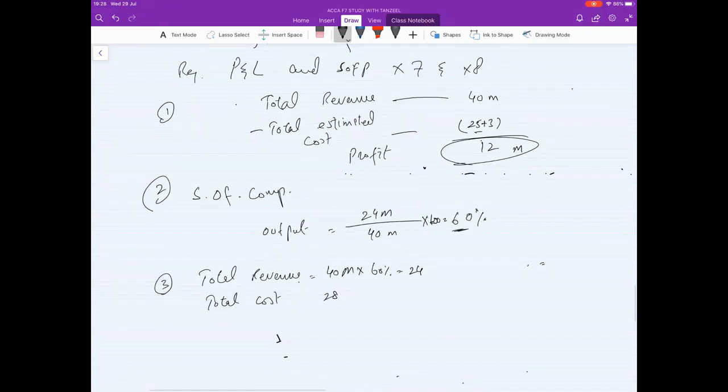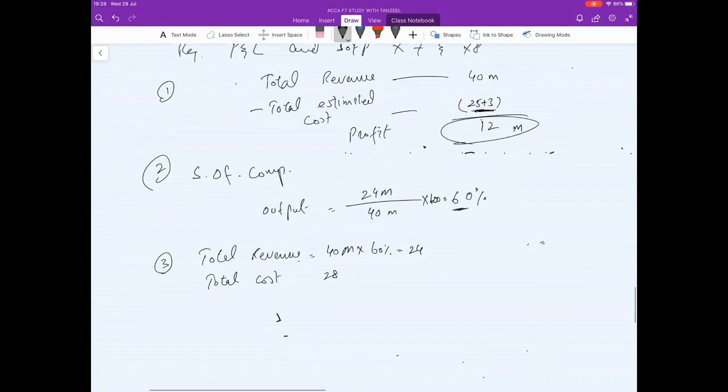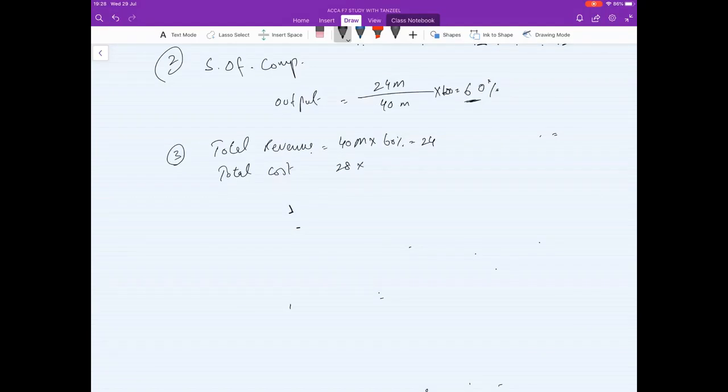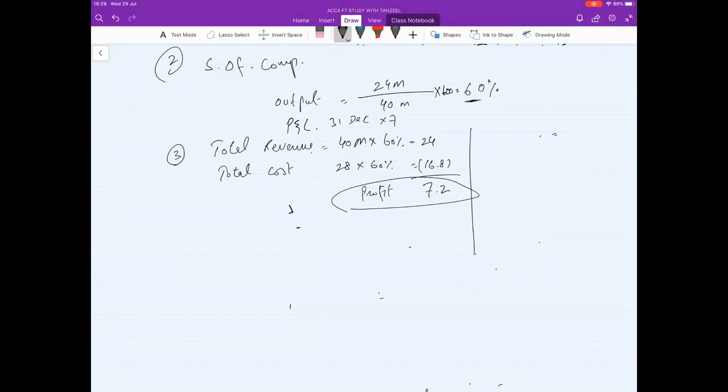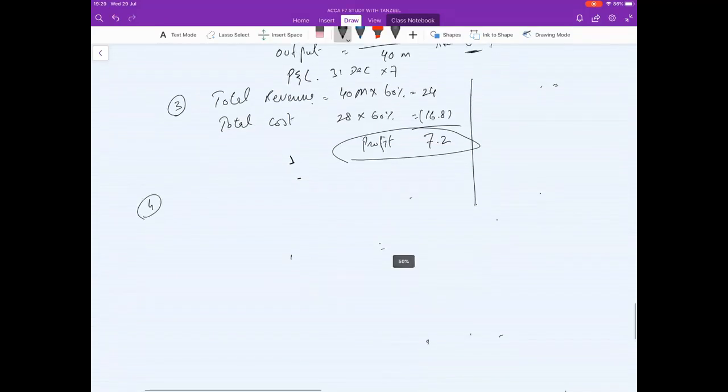This total cost is this 25 plus 3 million extra machine. Take 60% of 28, so total cost is 16.8. So you can take this profit in profit and loss in this year, profit and loss for the year ended 31 December X7. Okay, now the fourth stage.